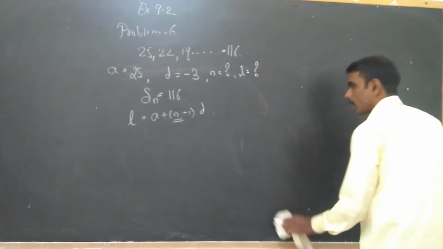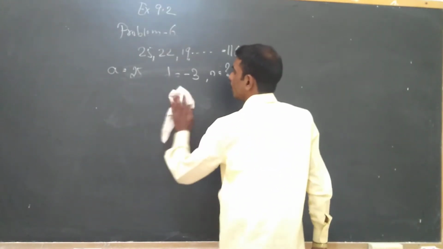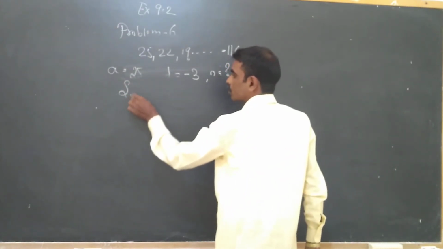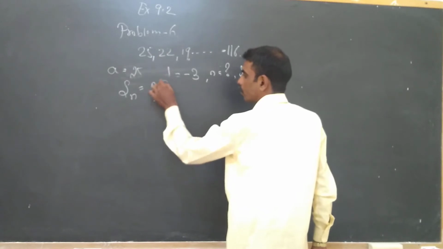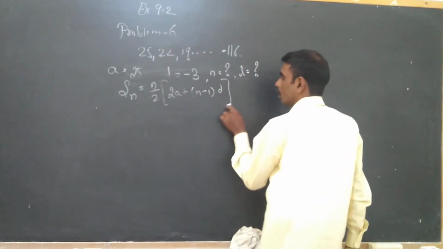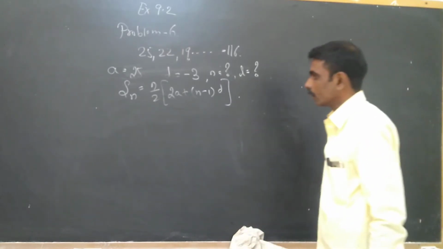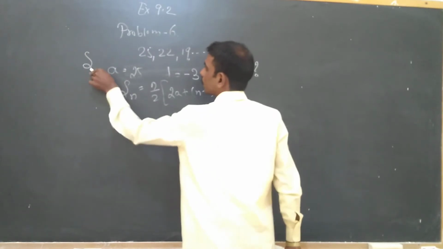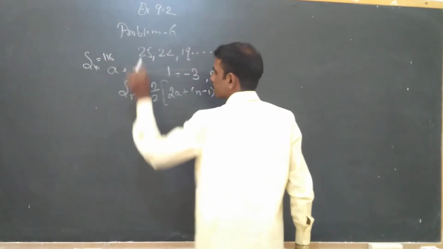So to find the value of n, I will make use of the formula Sn is equal to n by 2 into 2a plus n minus 1 into d. The Sn value is 116.